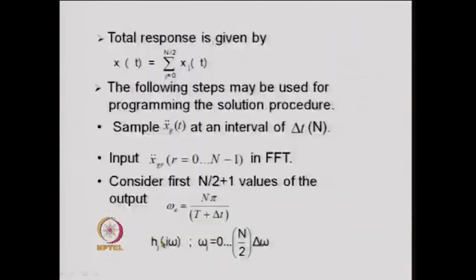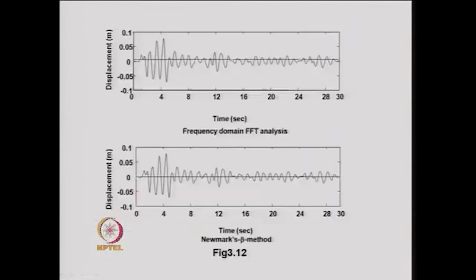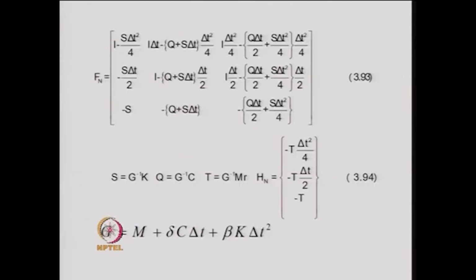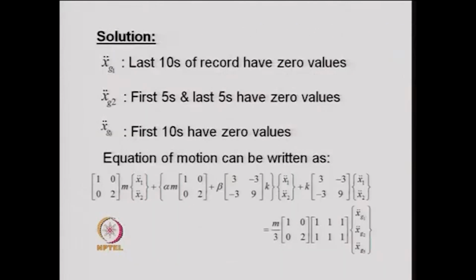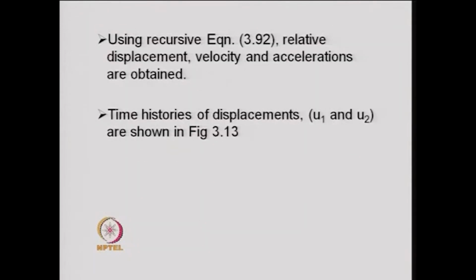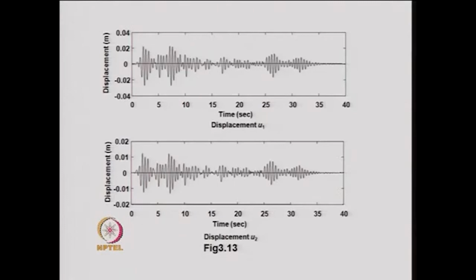Plugging in the different values that we use in the solution of the problem, we get the solution, and we get relative displacement, velocity and acceleration. The displacements at u1 and u2, that is the 2 non-support degrees of freedom, the time histories of that are shown over here.